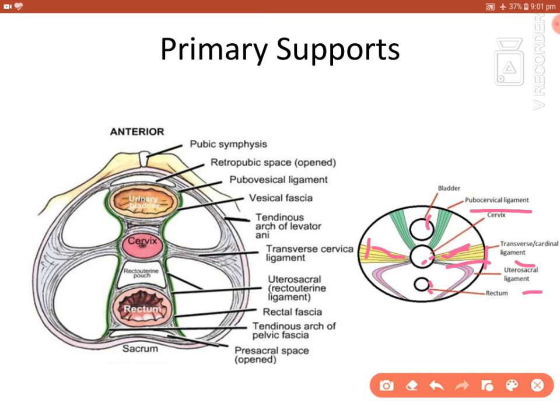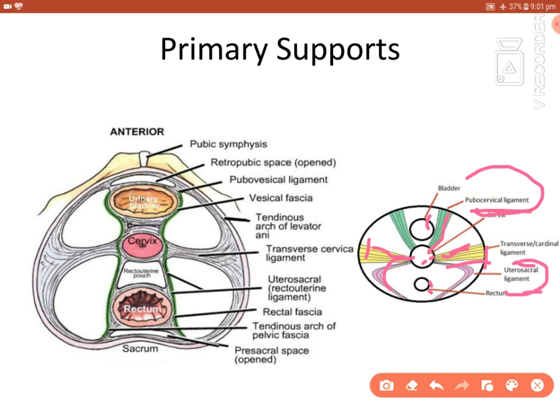Anteriorly from the cervix to the posterior surface of the pubis, there is the pubocervical ligament. Posteriorly from the cervix to the anterior of the sacrum, towards the second and third segments of the sacral vertebrae, a condensation of fascia forms the uterosacral ligament.